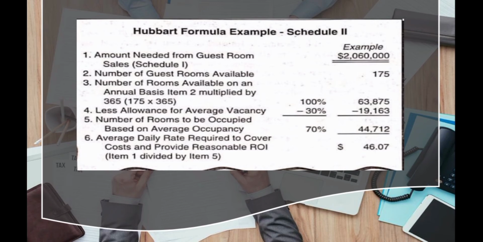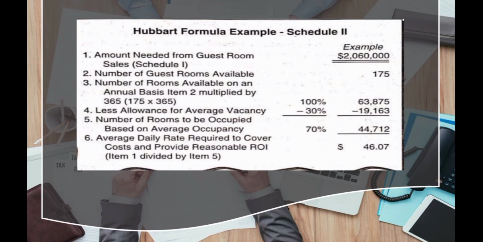In the case of a transient hotel, a reasonable occupancy level will normally be lower than in residential hotels where occupancies of from 85% to 98% might be expected to prevail.